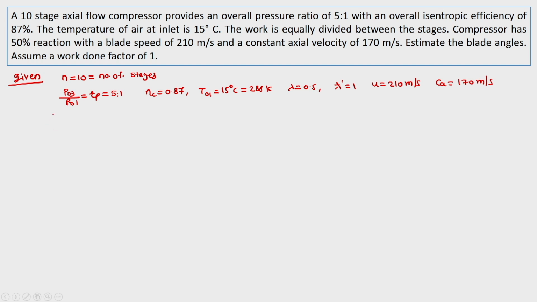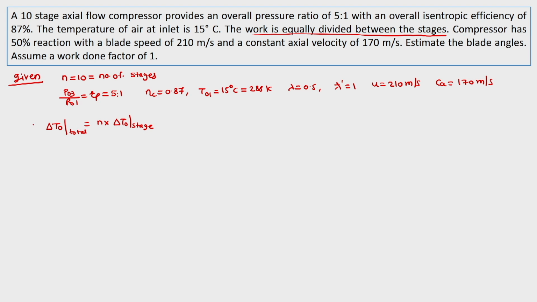We are told that work is equally divided between all the stages. If work is equally divided between all the stages, then total change in the total temperature is equal to number of stages into total temperature change in a stage. So delta T naught stage would be equal in all stages.